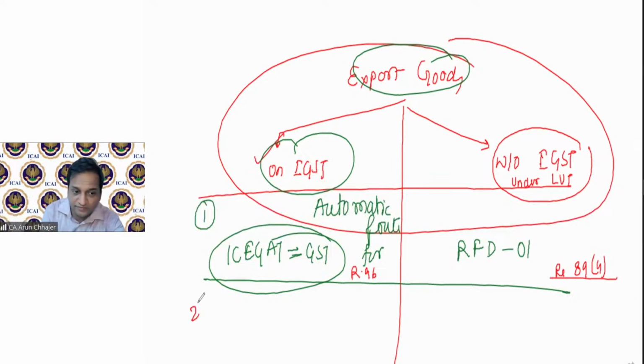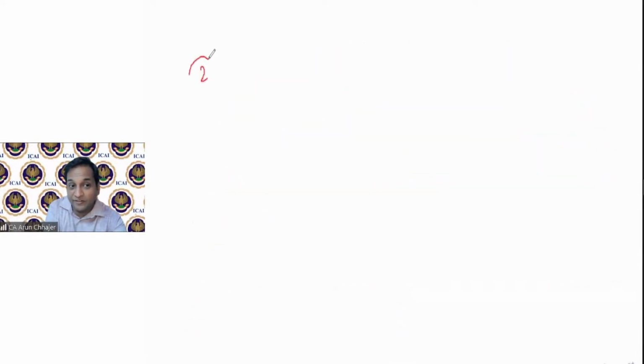Second difference, I'm explaining with the help of an example. Let's say I have exported the goods on payment of IGST and there is a GST liability of 1 lakh rupees.